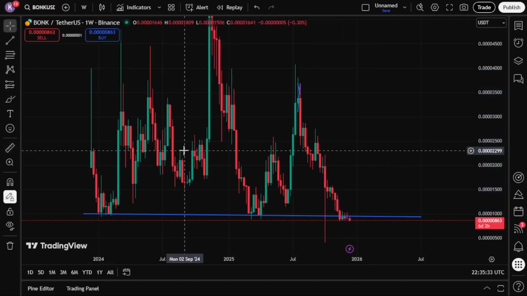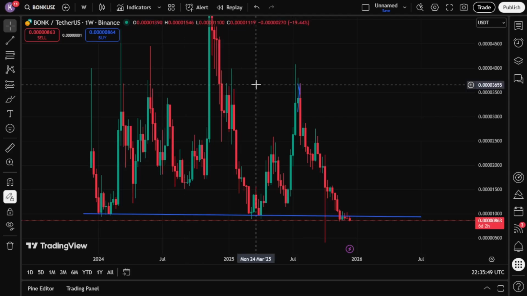But I think that this would be a very optimistic view, and it is really not my base case at the moment. And there are also a bunch of other resistance areas before that Bonk would need to try to cross, and it would really require a very significant period of euphoria in the entire crypto market and Bonk.